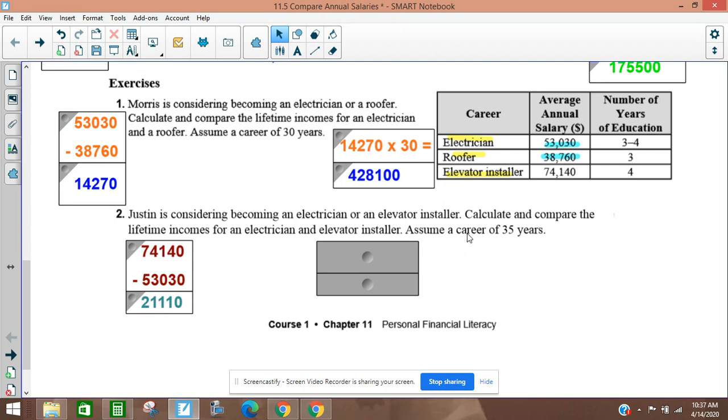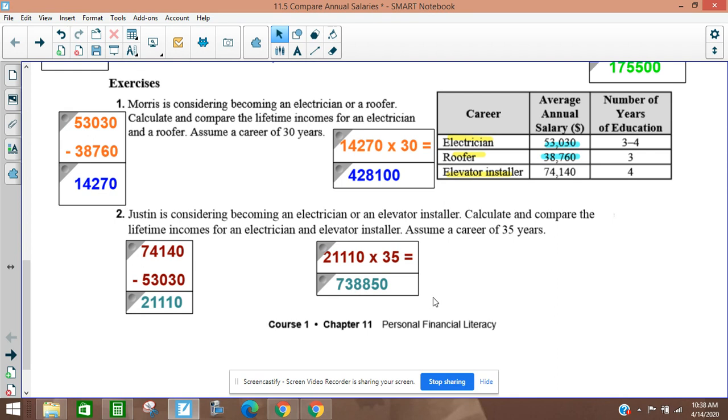Now notice that in this one, they're asking us for 35 years working as an elevator installer or electrician. And once we multiply the 21,110 times 35, my product will be $738,850. So that's something for Justin to think about.